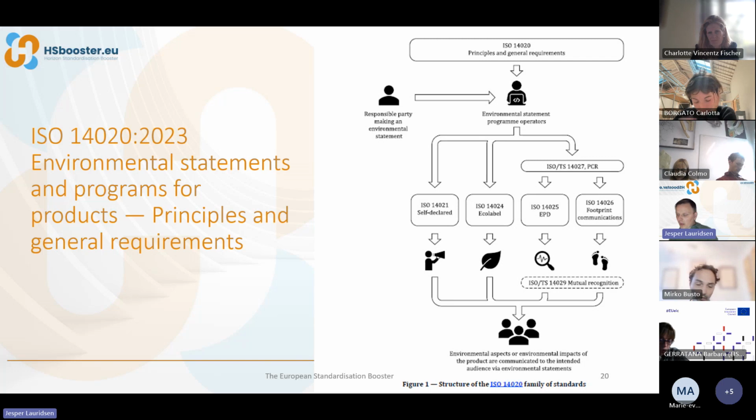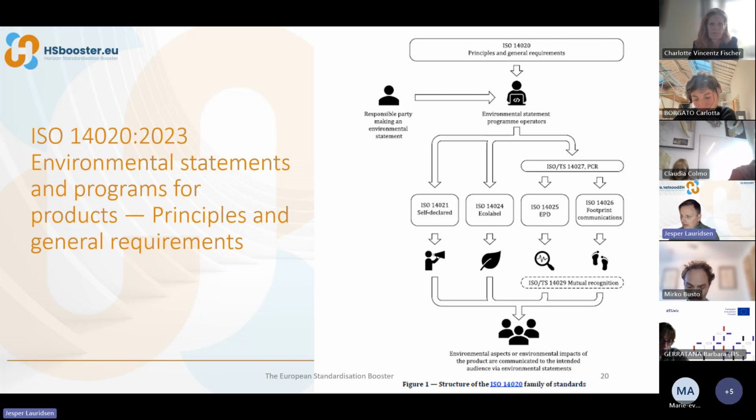So in 24, we have a national setup. Also in Germany with the Blaue Engel, with the EPD, if you want to live up to the standard, you have to have an external verification procedure. That means a third party that comes in. But the 21 is a self-declared system where you can do it yourself.